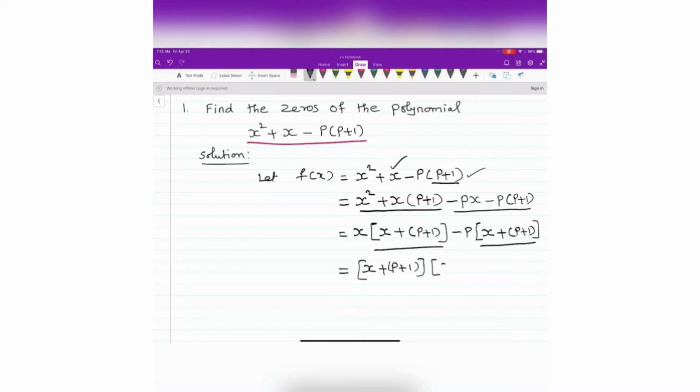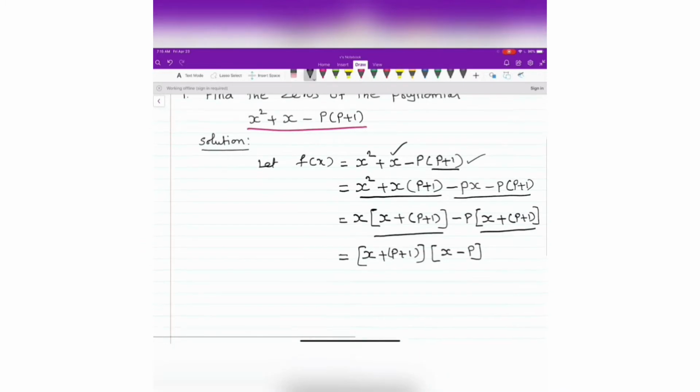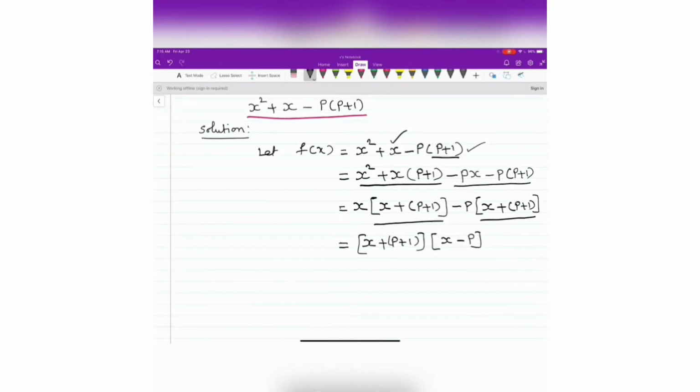into x minus p. See, you know that to get the zeros of the polynomials, you have to write f of x equal to 0. And if you see my second video, I would have written all the steps in detail. For every question while answering, I might have written the zeros of the polynomial f of x are given by f of x equal to 0.